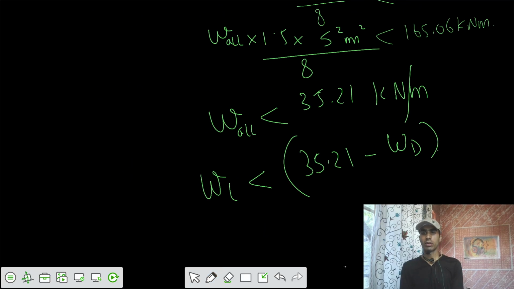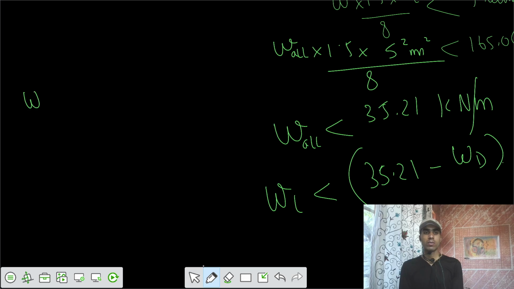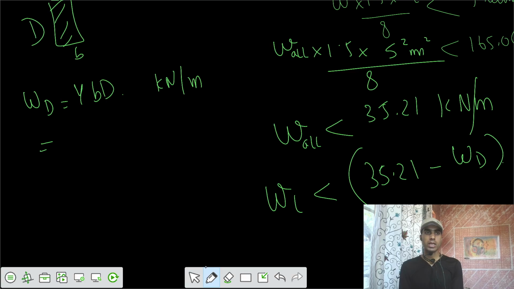And we need to solve WD. What is the WD we have? What is the self weight? Gamma into BD, kilonewton per meter. Actually we have to take capital D, this is the section, B into D. Gamma we can take either 24 or 25. Sometimes we take 24, sometimes 25. So let's take 25 kilonewton per meter cube.